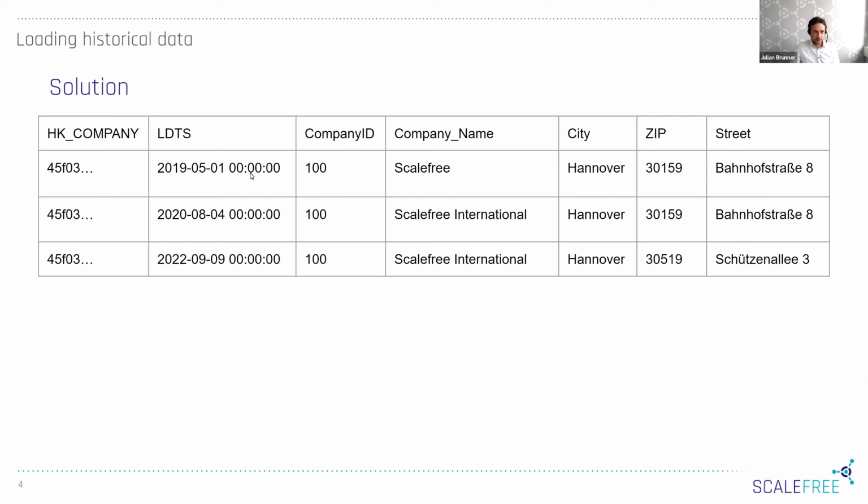In this way, we are able to distinguish between the historical load and the actual data loads or batches. And now we are able to create the history because each record now has a unique primary key. So the hash key of the business key and the load date timestamp. So it looks quite as if the data warehouse would have been in place when the actual data was created.